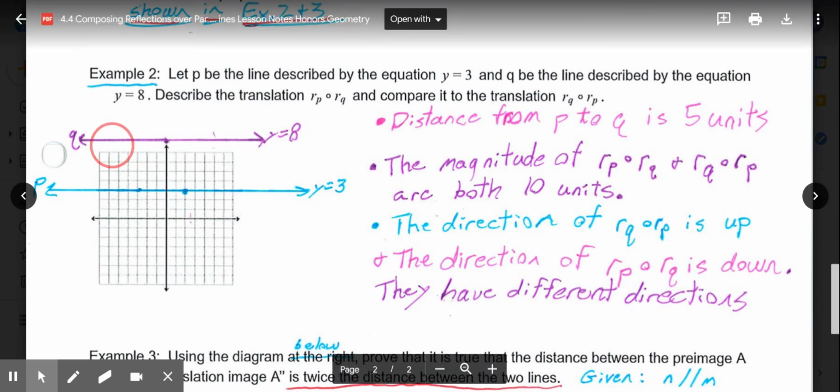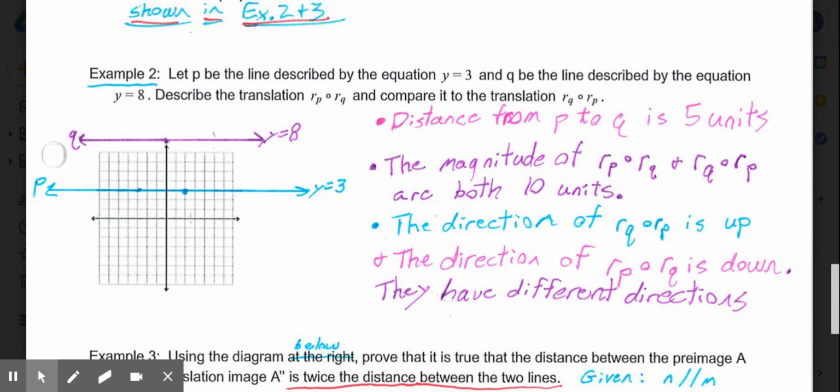So right up here would be line Q at y equals 8. Then it says, describe the translation, reflection over P following the reflection over Q, and compare it to the translation, flipping that order, RQ following RP, so reflection over Q following reflection over P.